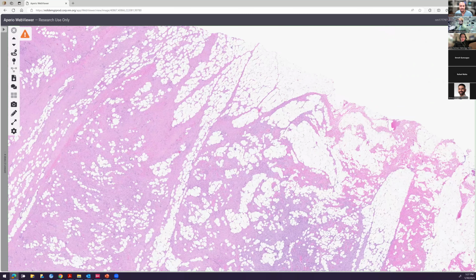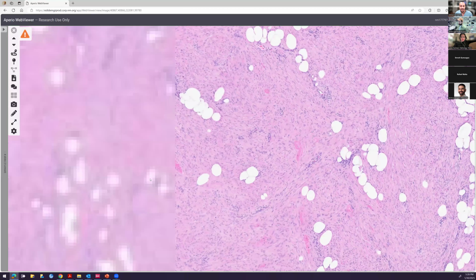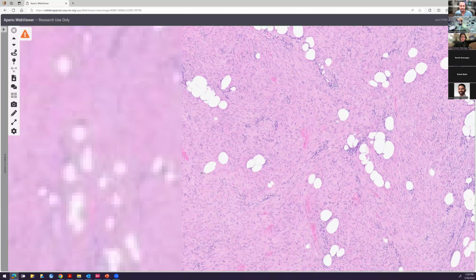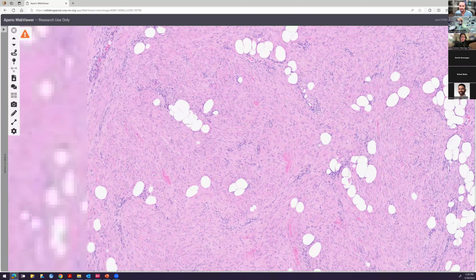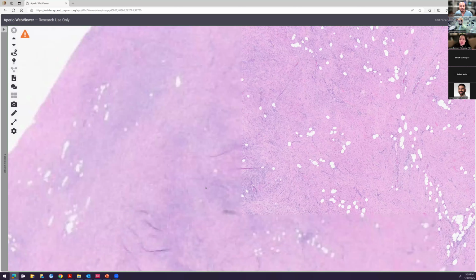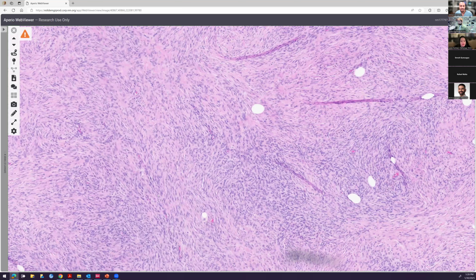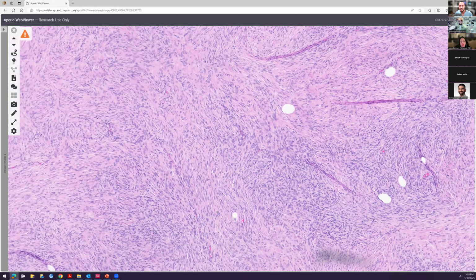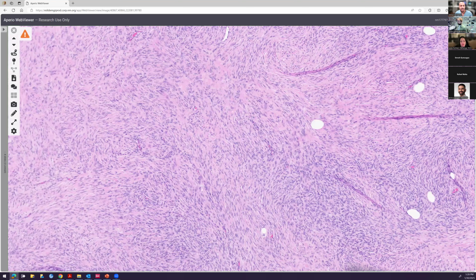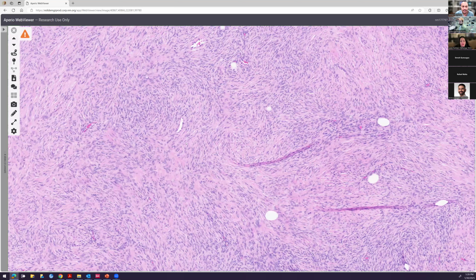Now let's talk about architecture. We come down in and take a look at these cells. Let me see if I can find just a spot here. We'll come over here because it's a little more cellular over here. Okay. What do you think about architecture? So I see fascicles going in different directions. So if I had to pick an architecture, I'd say it's a storiform lesion. Yeah, it looks like storiform architecture, right?